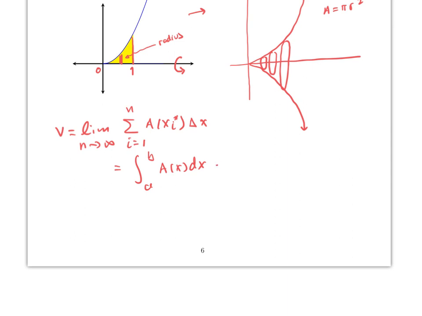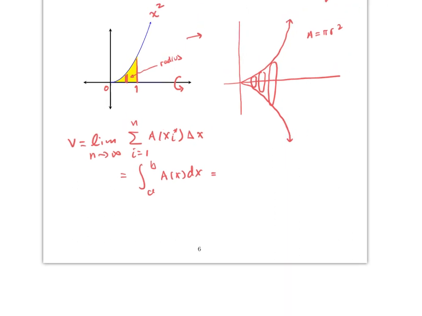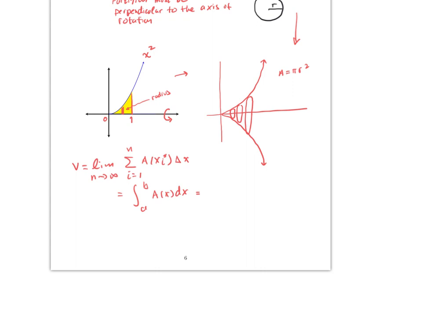So in our particular case, the area is defined as, remember, pi r squared, where the radius is the function. You can see that from here, the radius keeps changing with the value of the function.